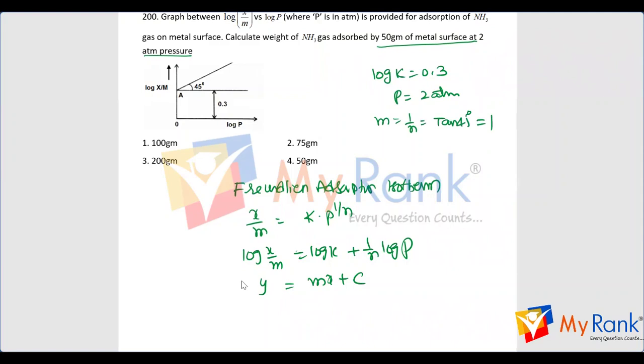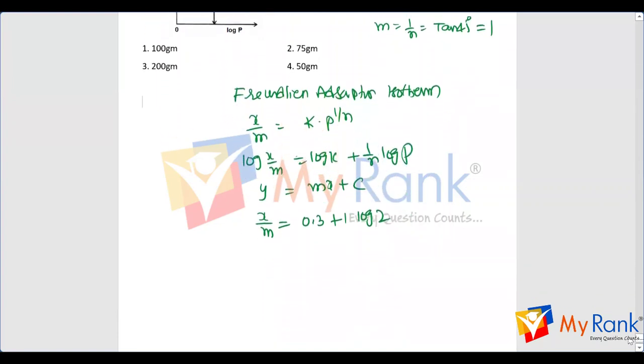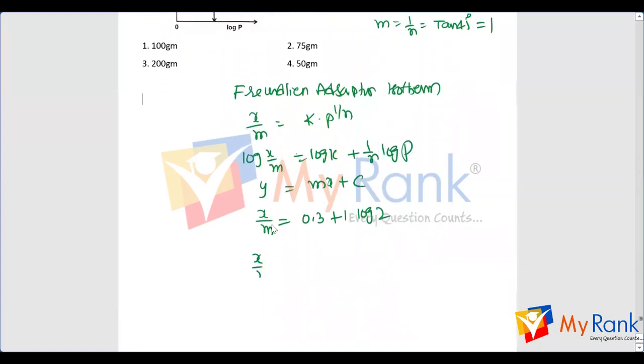Now we have to find x by m per gram. So log x by m is equal to log k, which is 0.3, plus 1 by n, which is 1, times log 2. Log 2 is 0.3, so we write 0.3 plus 0.3.